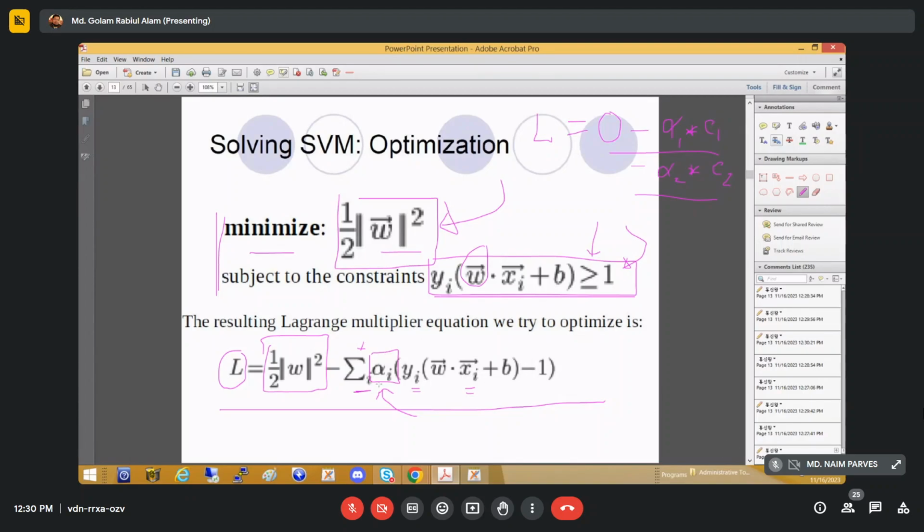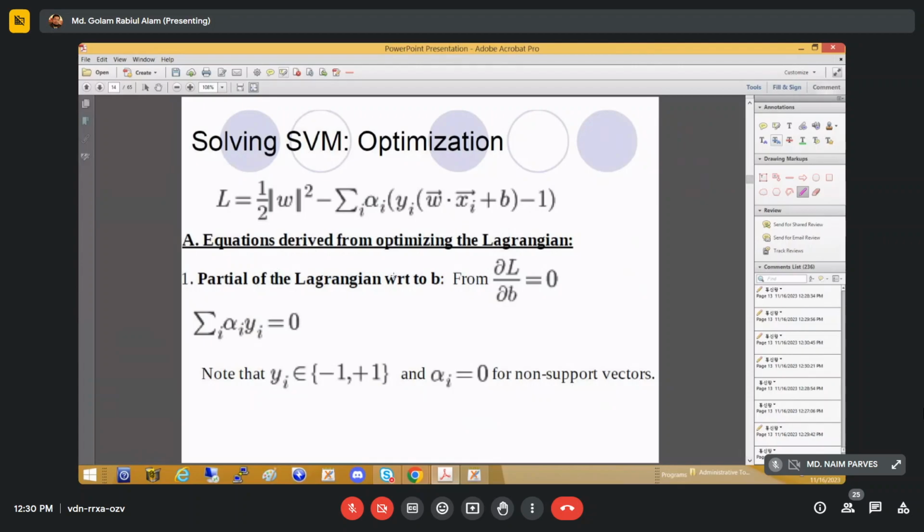Finally, we need to find the values of the Lagrangian constants and also the optimal values of W and B. So take the partial derivative of this Lagrangian equation with respect to B first. We can say it is delta L by delta B.